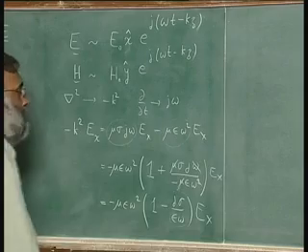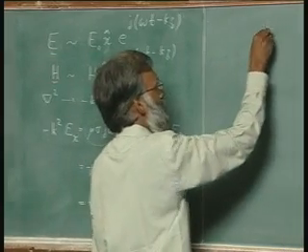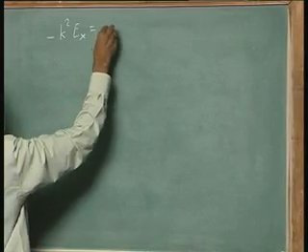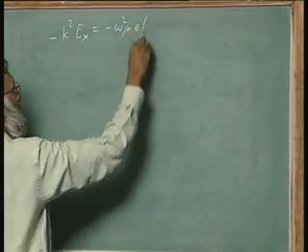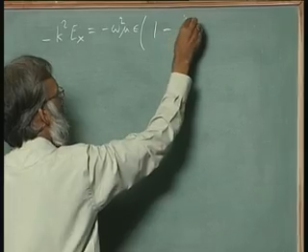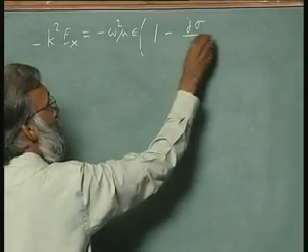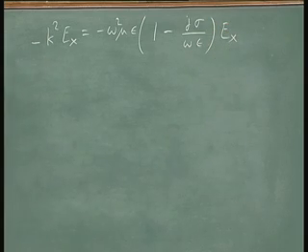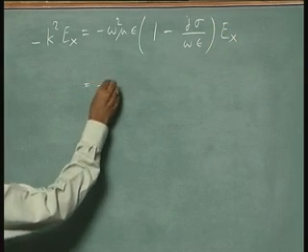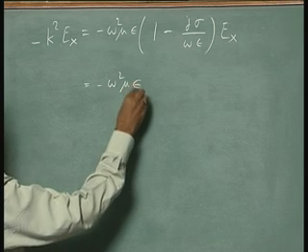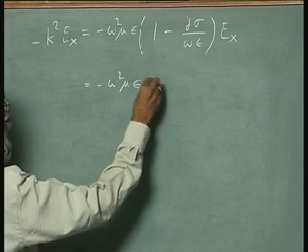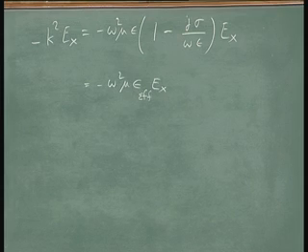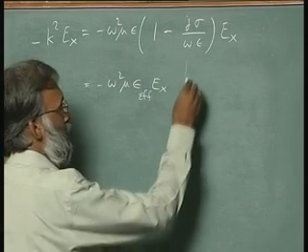So, I am going to write this equation as minus k squared Ex is equal to, let me rewrite this, minus omega squared mu epsilon times 1 minus j sigma by omega epsilon times Ex, which is equal to minus omega squared mu epsilon effective times Ex, where what is epsilon effective?